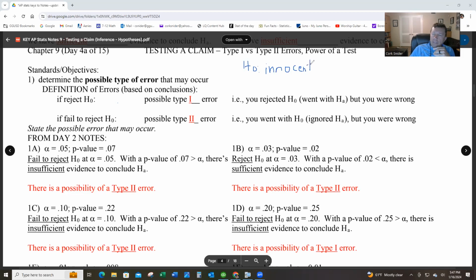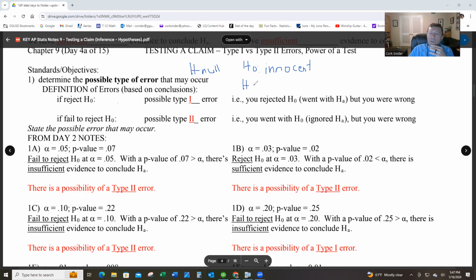H0 is innocent. That's always the assumption. H0 is called H null, the null hypothesis. Null in Old English means original, original hypothesis. In our court system, the original hypothesis is that you are innocent.